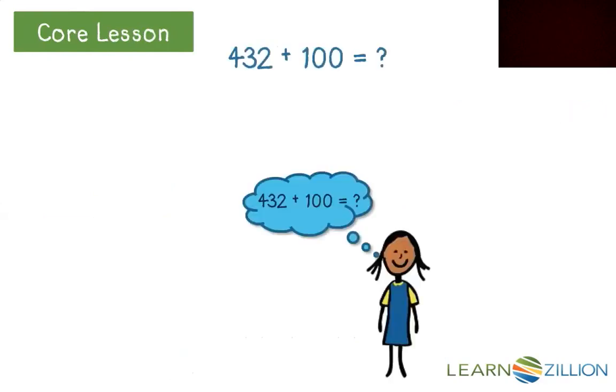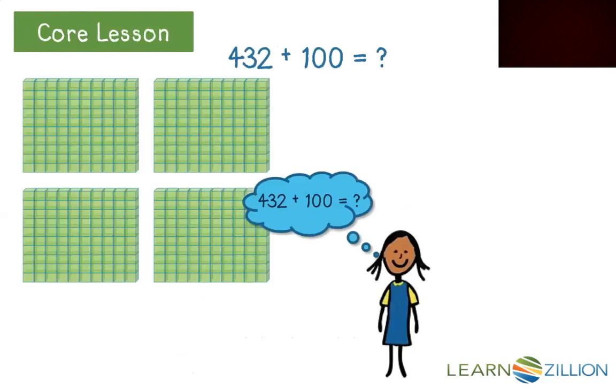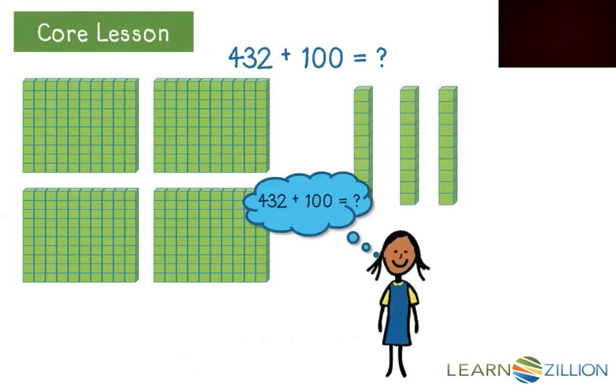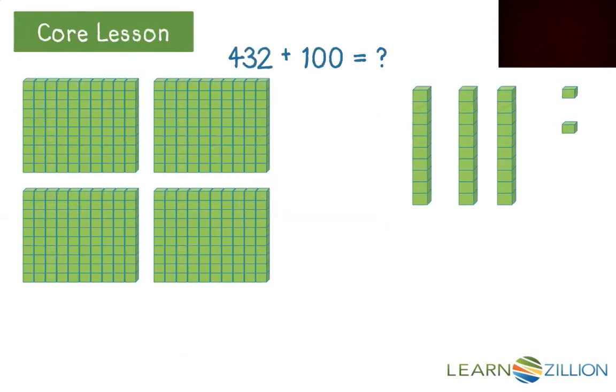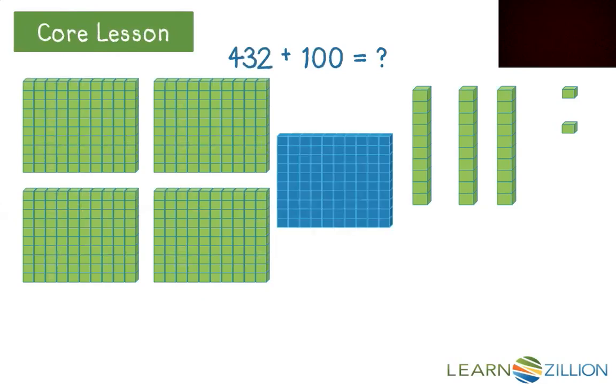Now let's look back at that first number sentence we saw with Lily, 432 plus 100. We'll picture base 10 blocks to help us see the number sentence. So we have 400 for the 4 in the hundreds place, 3 tens for the 3 in the tens place, and 2 ones for the 2 in the ones place. What I'm going to do here is add 100. So I'm going to add 100 flat. So I move that 10 over to make room, and I have 100 now with that blue 100 flat.